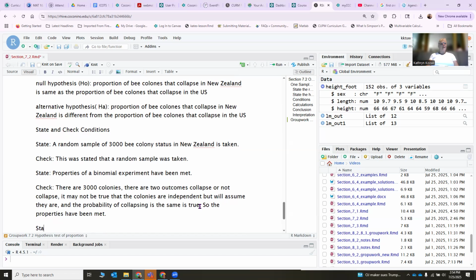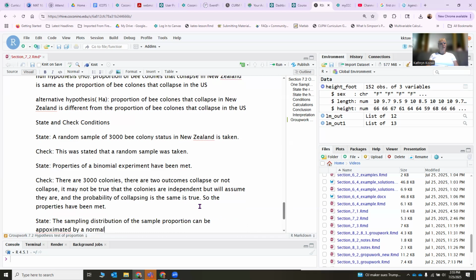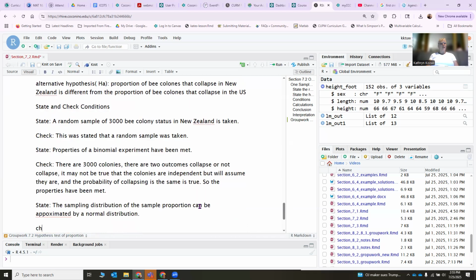The last one is that the sampling distribution of the sample proportion can be approximated by a normal distribution. The check on this is to look at the sample size n times p, which is our proportion.